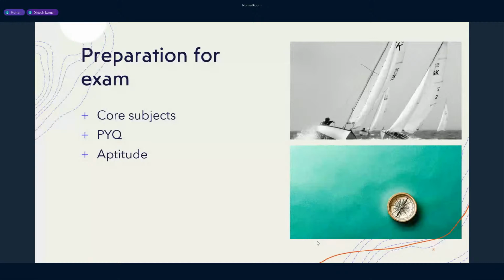That is a very important part, and it makes so much difference with the marks cutoff. These are the basic preparation points for the exam.